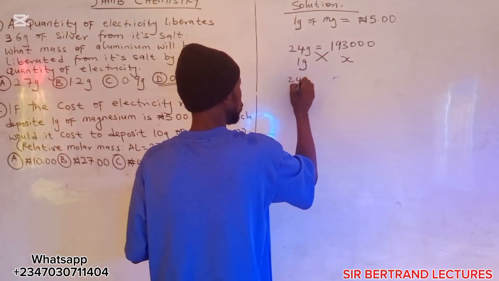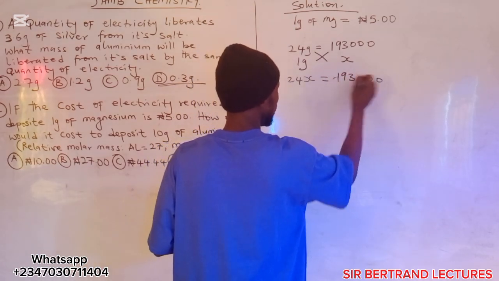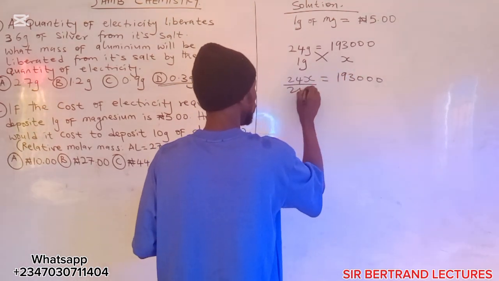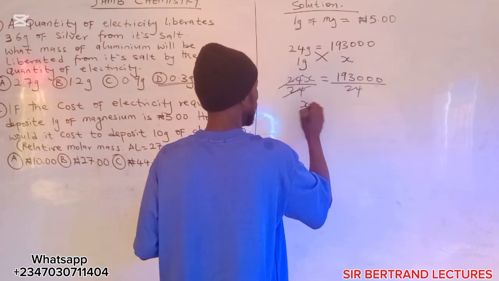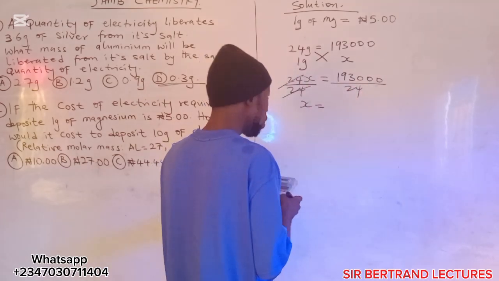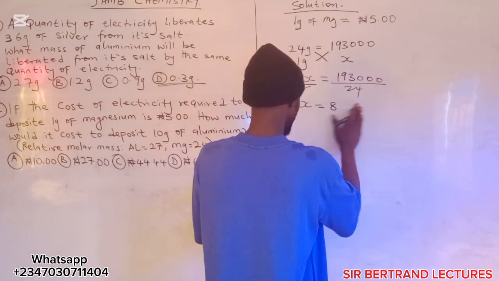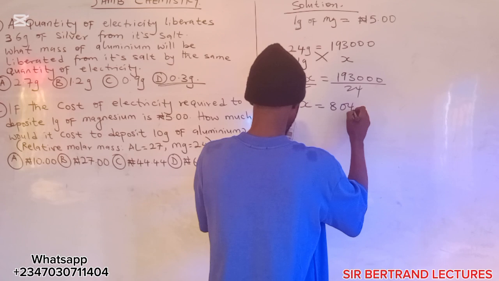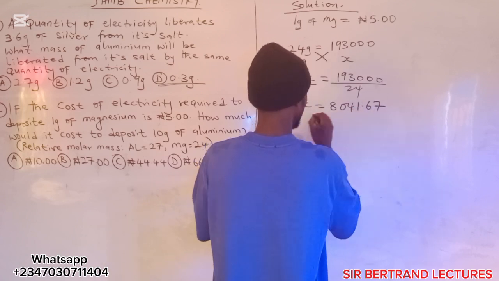This will give us 24x against 193,000. Divide by 24, divide by 24. This will cancel this. X is equal to 8041.67.